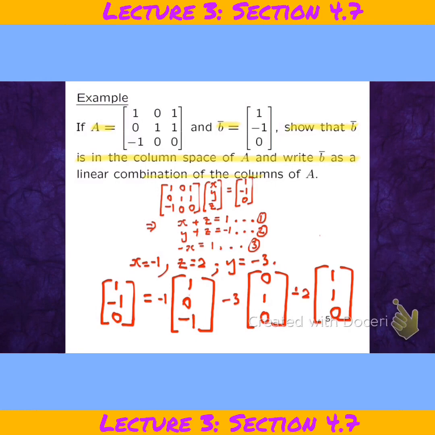And we get our linear combination. So we've just shown that the vector (1, -1, 0) is a linear combination of the column vectors of my matrix A, and we've expressed it as a linear combination.